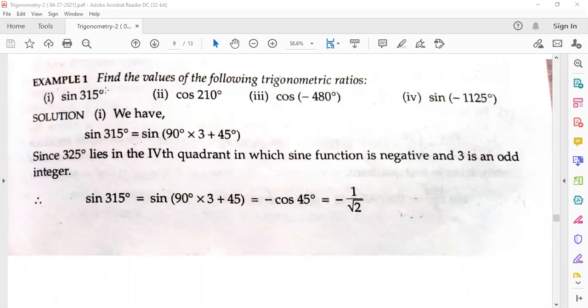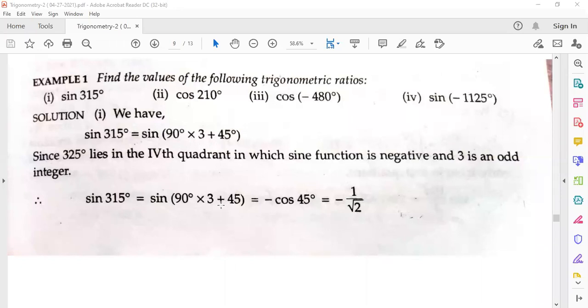At first, whichever angle is given, we have to write it as a multiple of 90 degrees plus something or minus something. You can write it as plus, so it will be very easy. Then look at which quadrant the angle lies in.